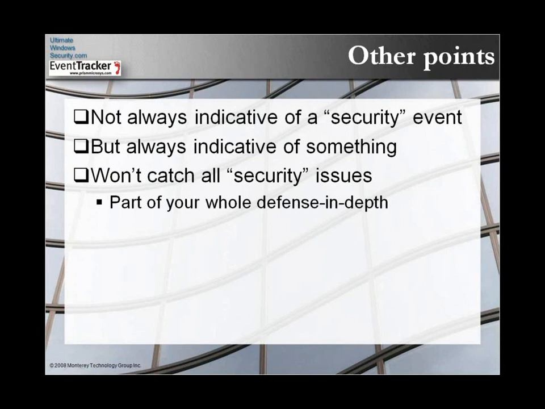And of course, this anomaly detection, these two feasible, simple methods that we're using today, they're not going to catch all security issues out there, right? It's part of your whole defense in depth. But as you're going to see, they are going to catch some real-world things that you would want to know about. So let's go to example 1.